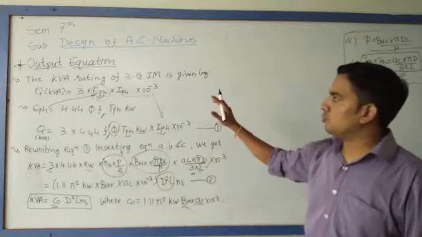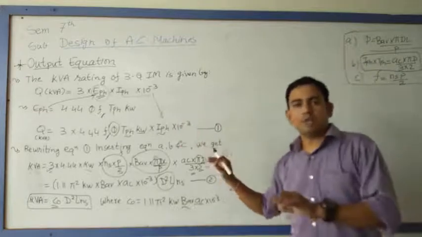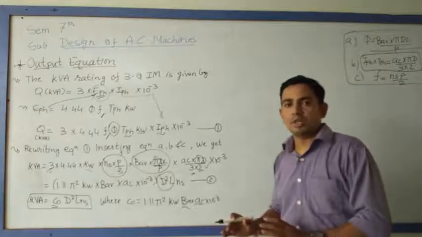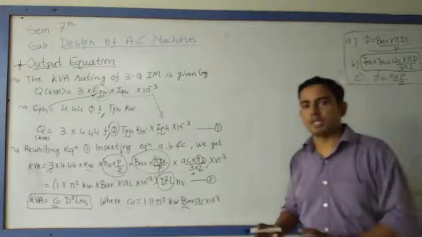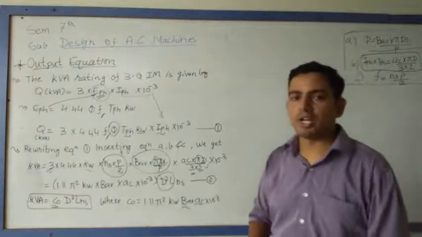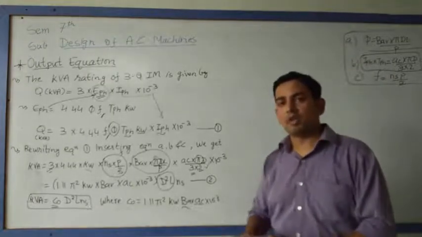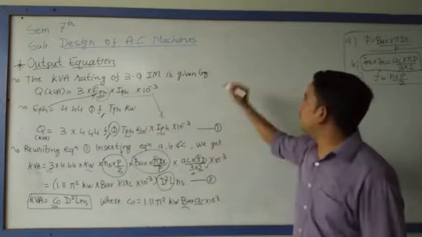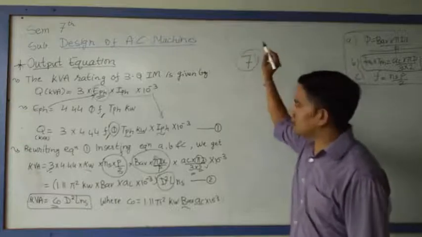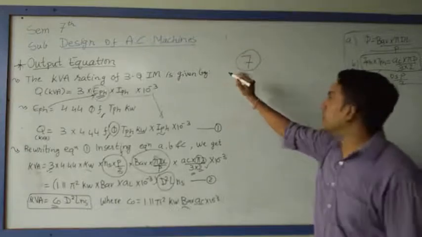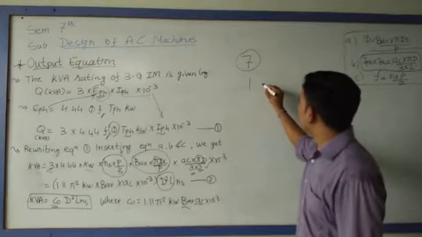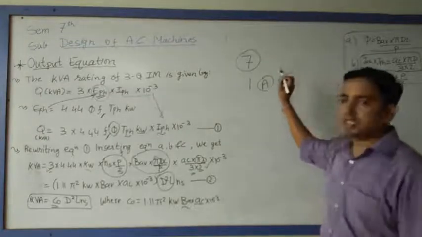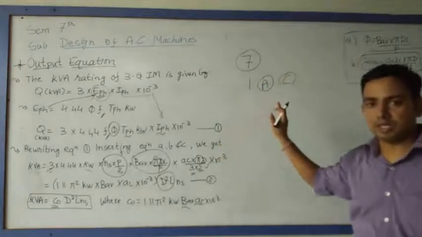This output equation surely will come in GTU exam paper. It is the combination of two questions. First thing is define specific electric loading and specific magnetic loading. Along with it, derive the output equation of three-phase induction motor for 7 marks. And in many papers, it has come in question 1C, the compulsory part, for 7 marks.